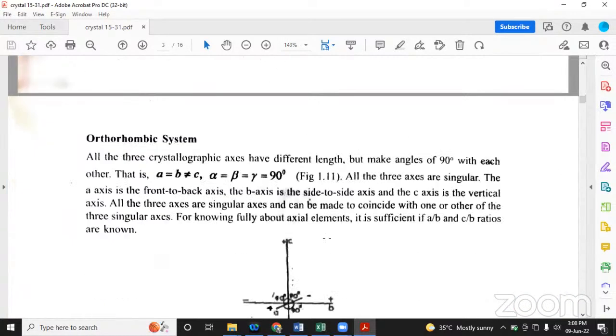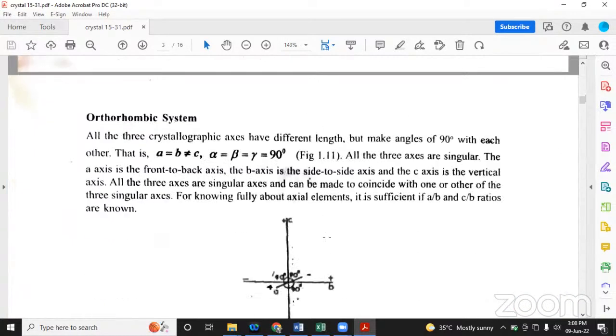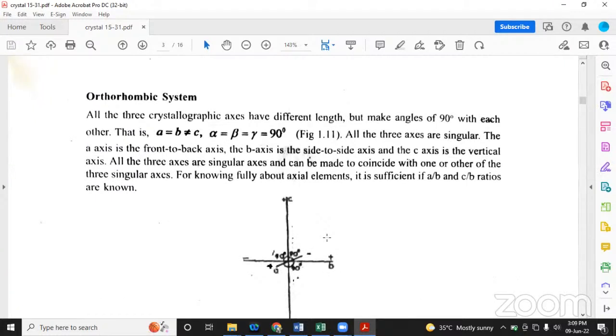Now come to the orthorhombic system. In the orthorhombic system, the three crystallographic axes are of different length.